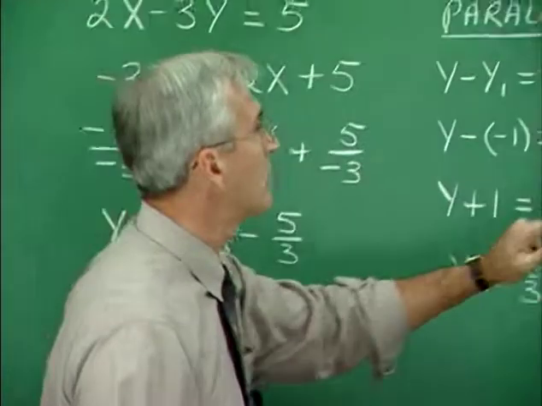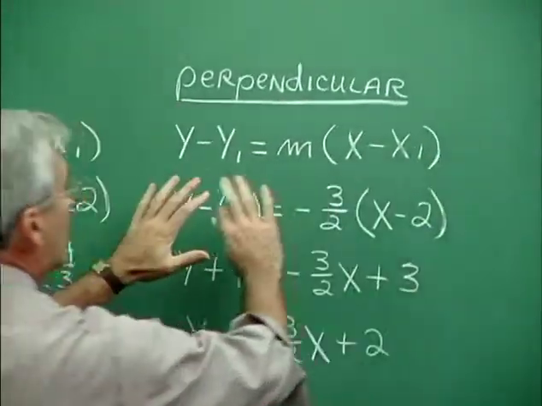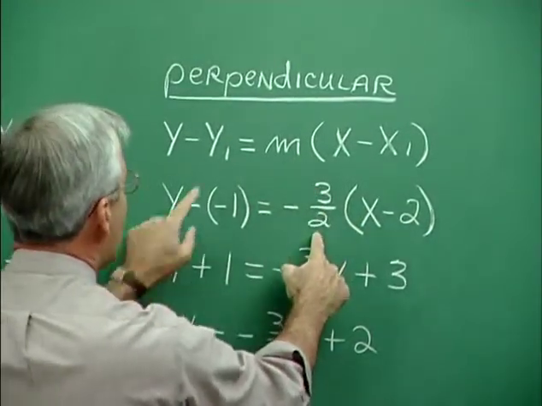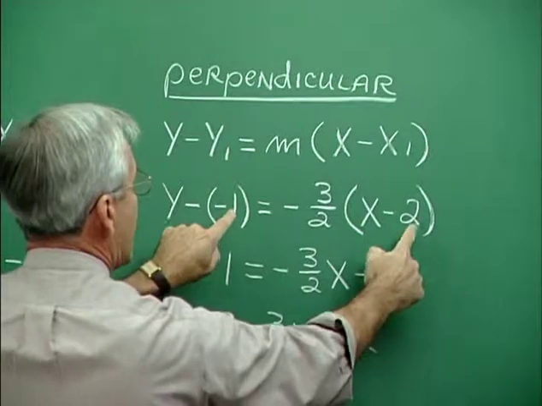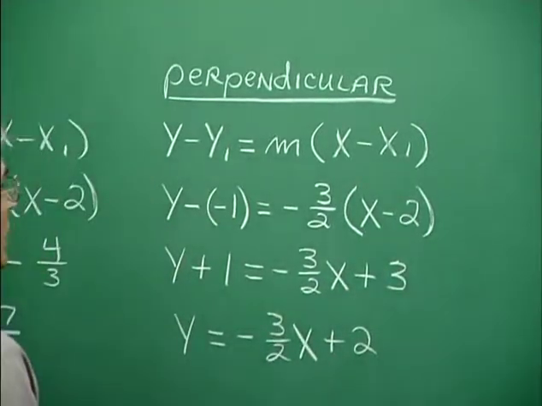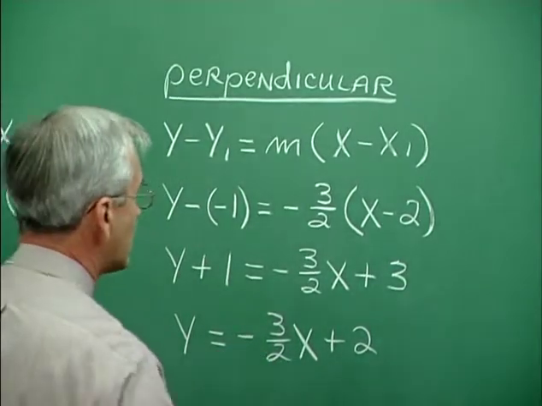All right, here we go. For the perpendicular line, we start the same way, and we plug in a very similar way. The slope is -3/2 this time, and the x, y components are the same, the 2, -1, and then we just clean this up to find the equation of that line to be y equals -3/2x plus 2.